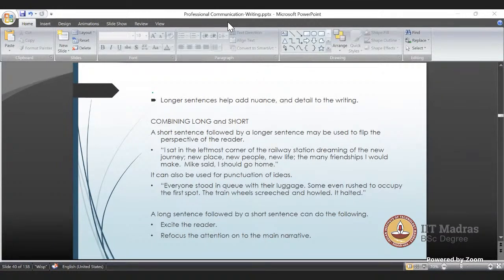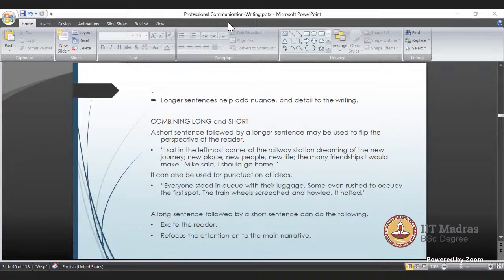So the halting of the train has been explained in three different long sentences before the short sentence, it halted. The last sentence brings together, it punctuates everything that has gone before it into one short sentence. You see that? So punctuating the ideas is also one additional task performed by shorter sentences.